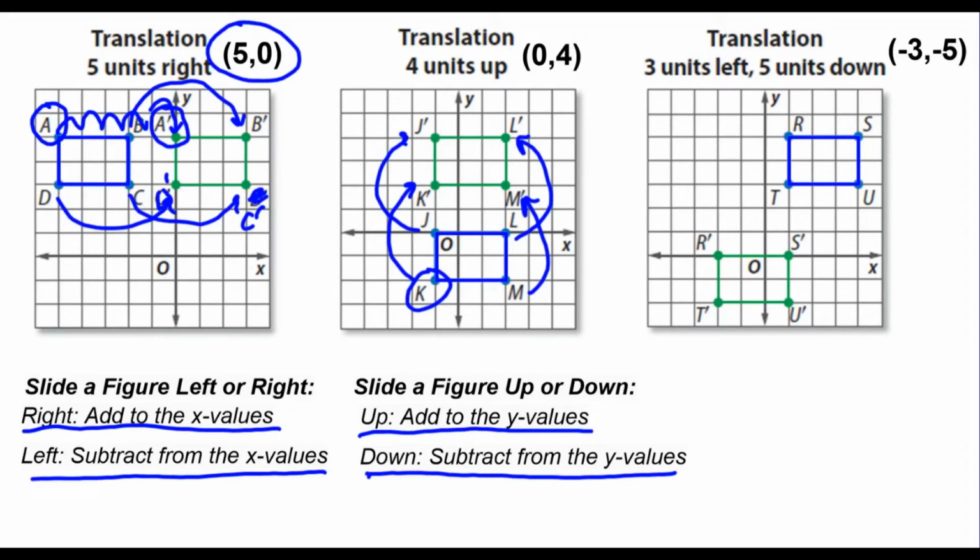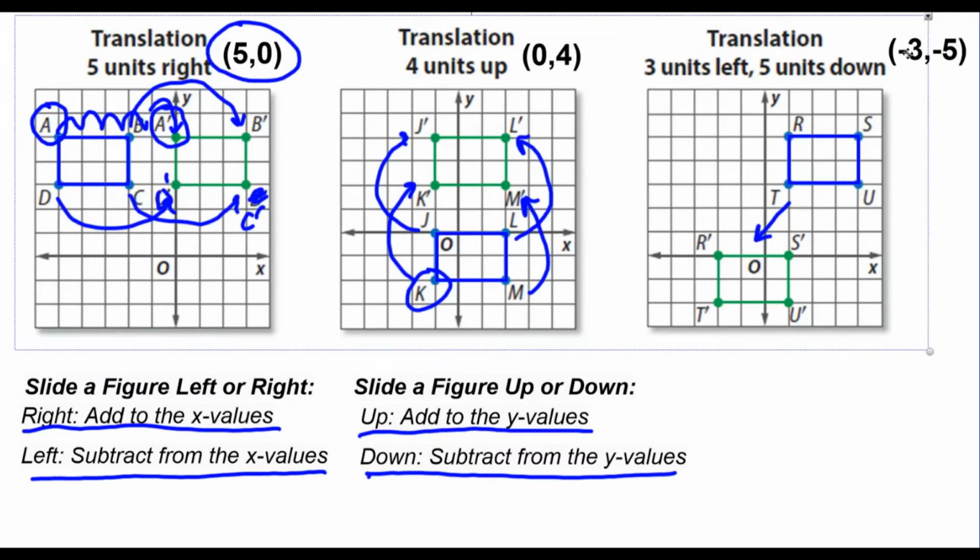And then what if we want to move something diagonally? Well, we're going to use combinations of left, right, up, down. So this translation is a diagonal translation: it's a move 3 to the left and 5 units down. So how would we perform that on our ordered pairs?